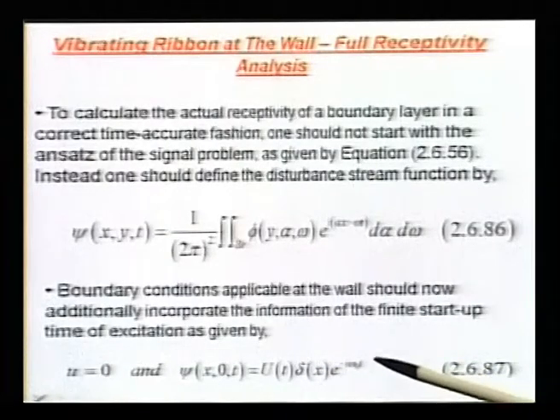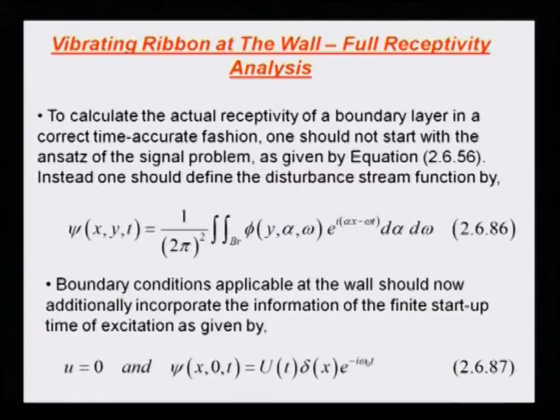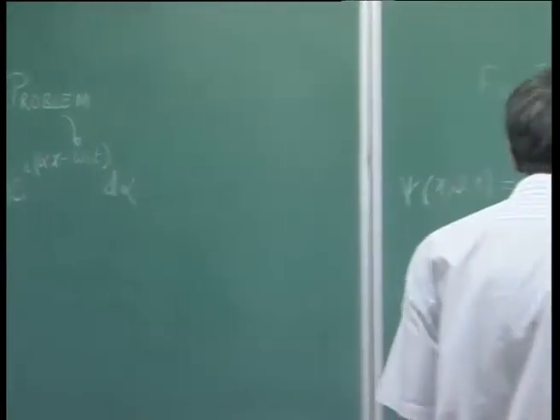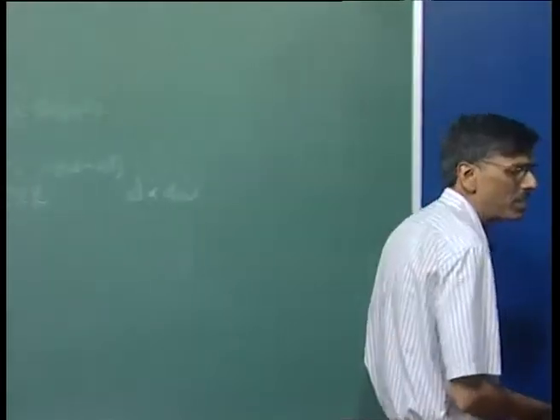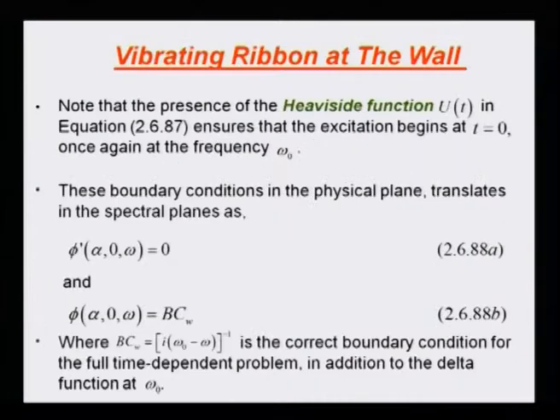Note that we are still exciting the system at frequency omega naught, and we have done this while discussing a tutorial on Fourier Laplace transform. We are going to represent the unknown now in terms of two independent variables, alpha and omega, in the spectral plane. This is essentially the idea.